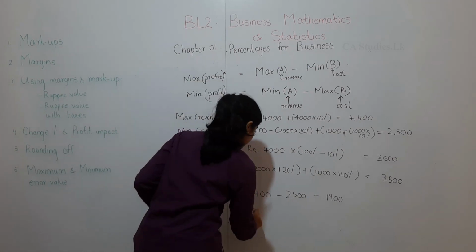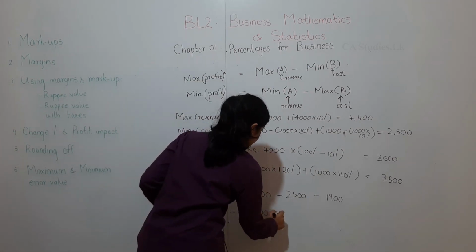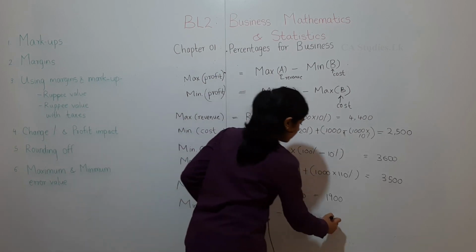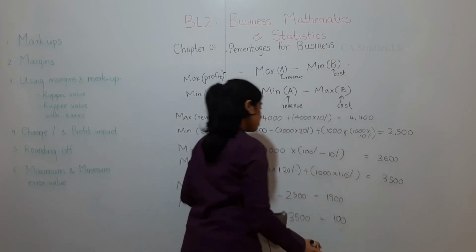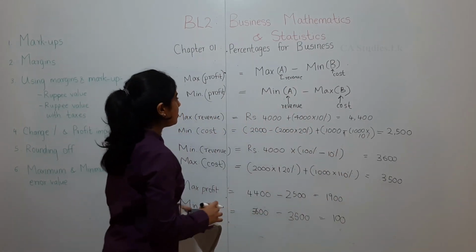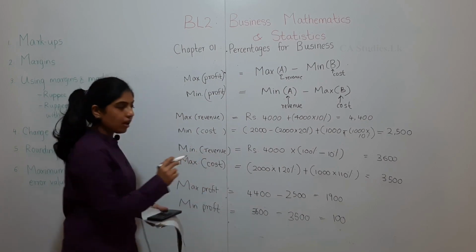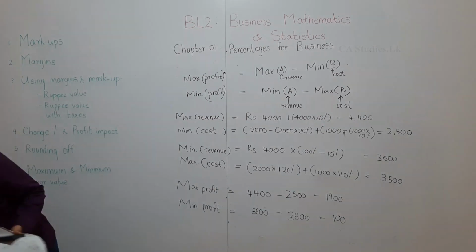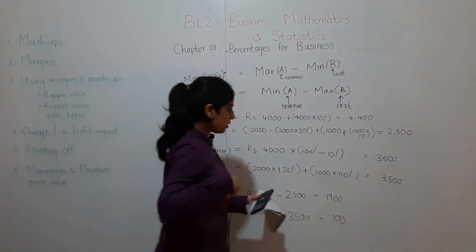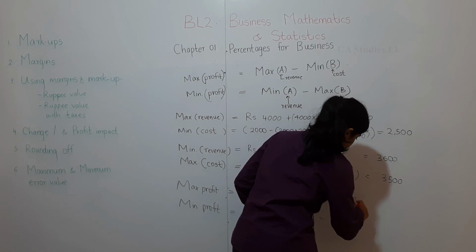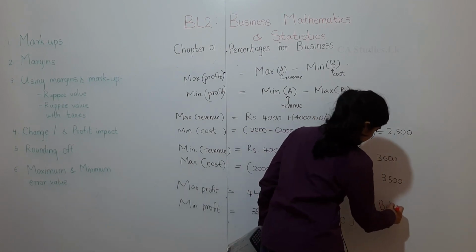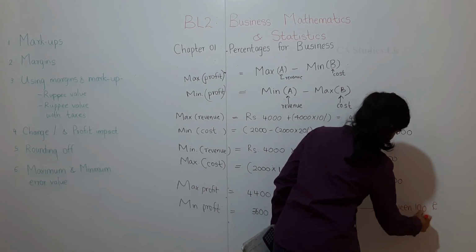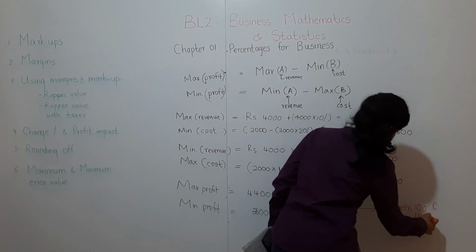Minimum revenue is 3,600, maximum cost is 3,500, difference 100. So, your profit range therefore is between 100 and 1,900. You can show this range as: between 100 and 1,900 your profit.